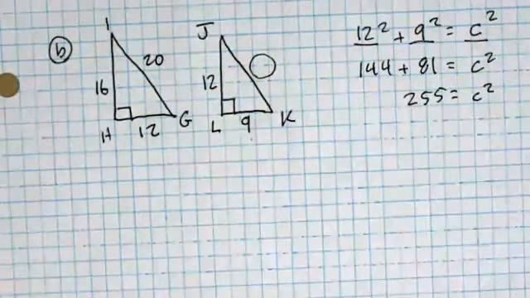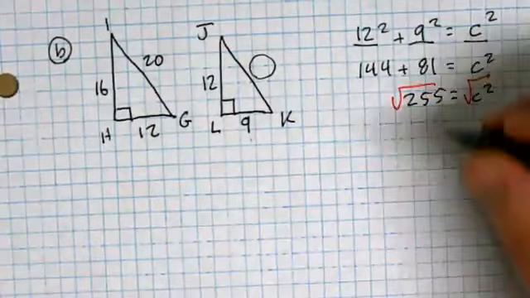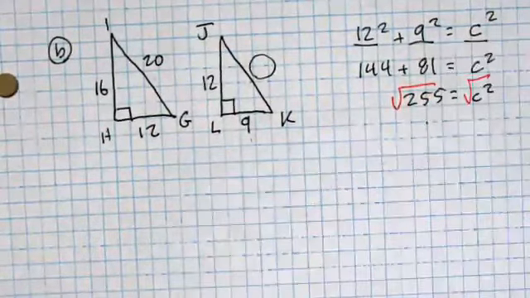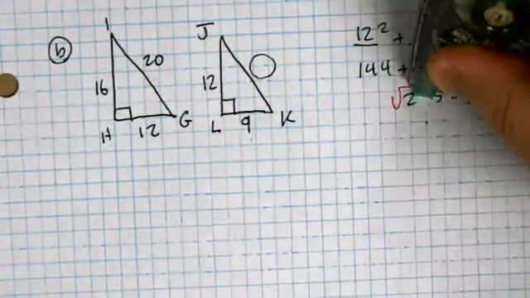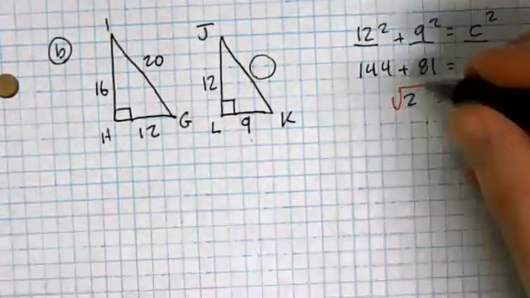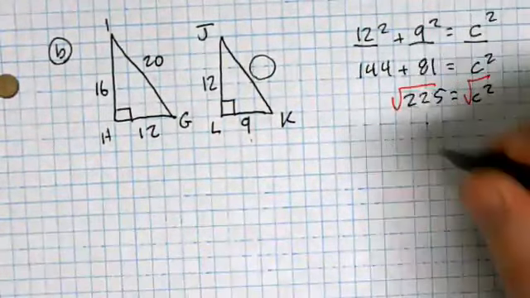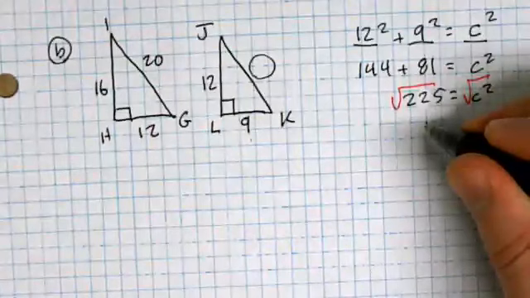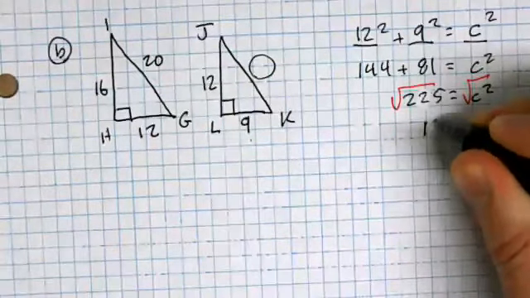What is the square root of 225? Exactly 15, right? All right, 15.